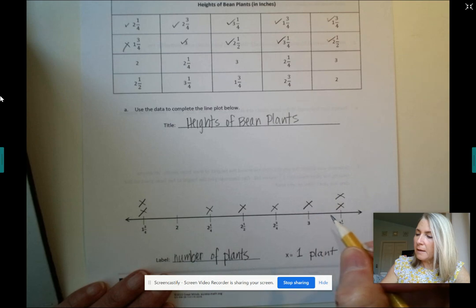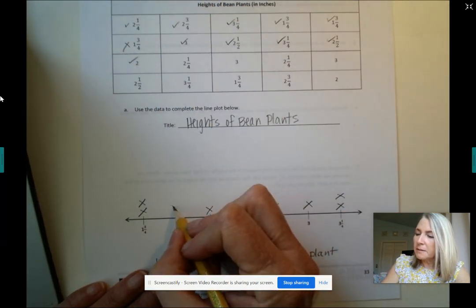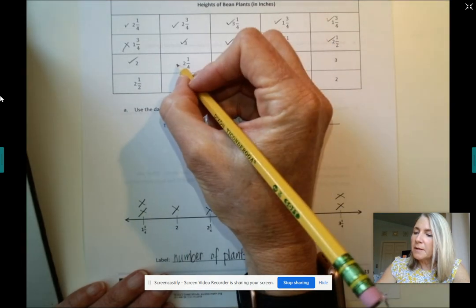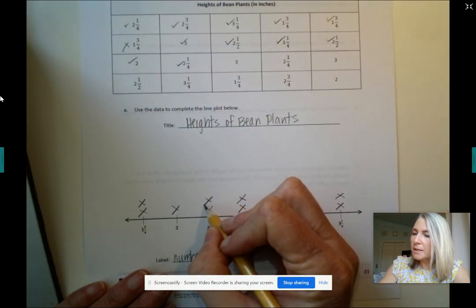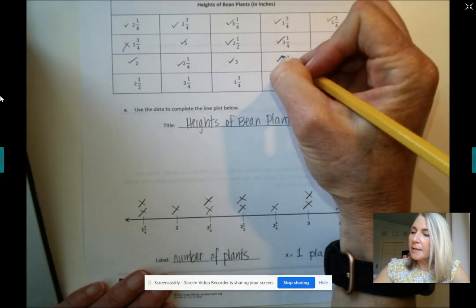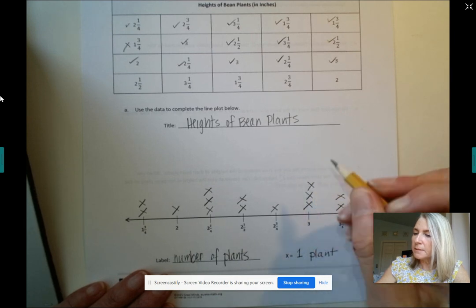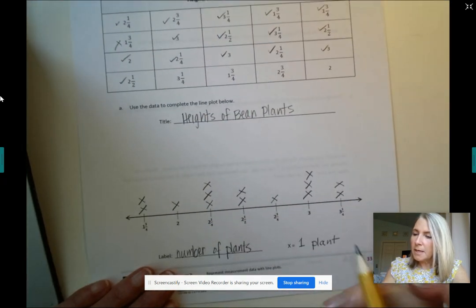Another 2 1/2. So, this part is just kind of building this line plot. It's kind of fun, right? You're just going through, checking it off, plotting it down, kind of getting a feel for your data as you build it on your diagram here.